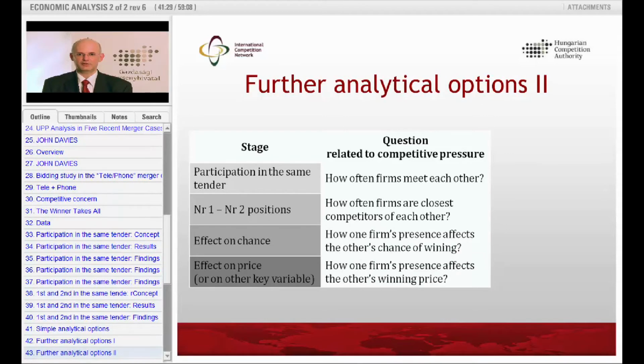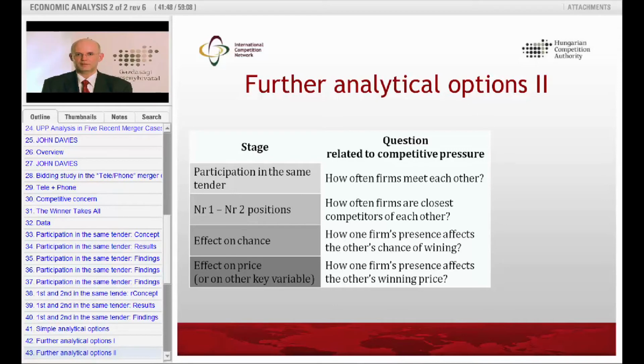In addition, you can check if the price of Phone is different in those tenders that it won and Tele submitted a bid from those where Tele did not, and how big the difference is. The more Tele's participation decreases the winning price of Phone, the stronger competitive pressure it seems to impose on Phone.